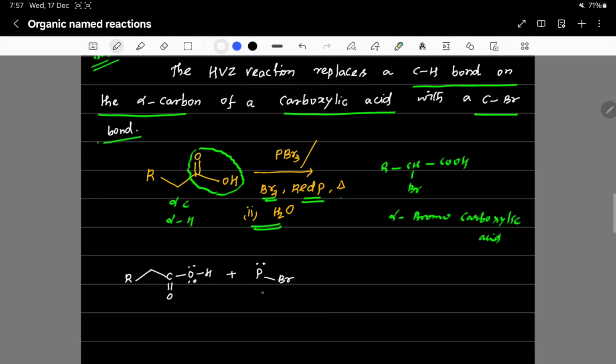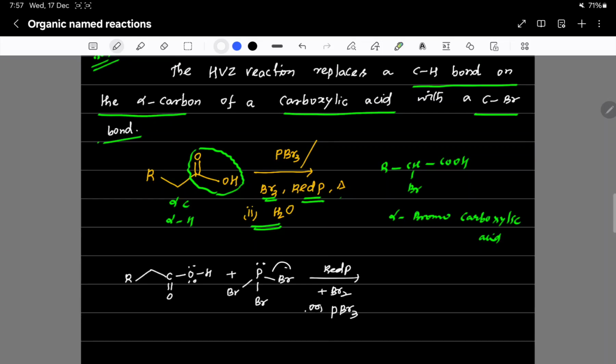In the presence of red phosphorus plus Br2, or you can take PBr3 also, this will combine and again give PBr3 only.